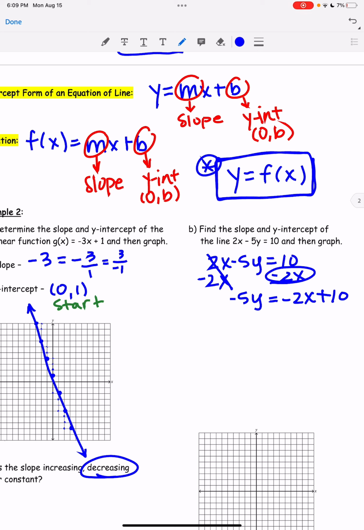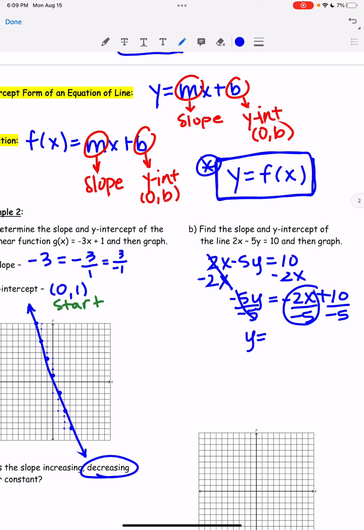Keep the signs, whatever they are. And then lastly, I'm going to divide by -5. Instead of just putting this all over -5, I recommend putting each term individually over it, so you'll remember to divide everything by what you're dividing by.